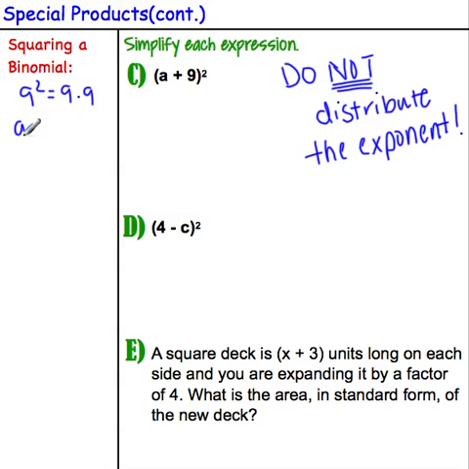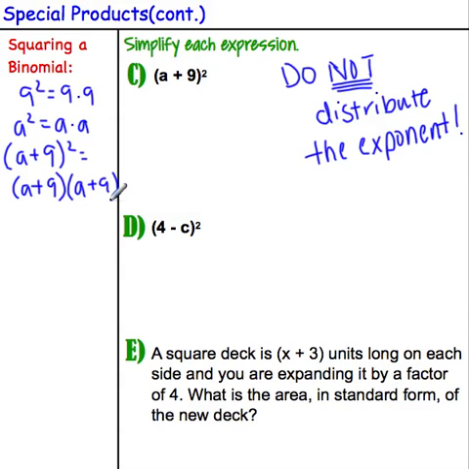Likewise, a squared is equal to a times a, which means also that if we have a plus 9, the quantity squared, it doesn't mean a squared plus 9 squared. It means we're going to take a plus 9 and square it, which means we're going to take a plus 9 times a plus 9.